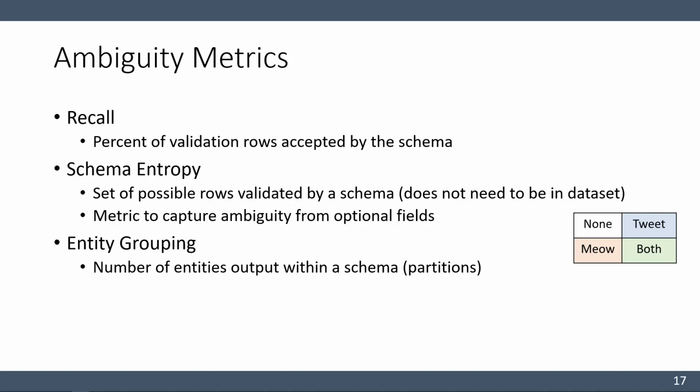Finally, grouping is simply the number of entities within an output schema. We want this number to be as low as possible while providing the highest recall and the lowest ambiguity. This is critical for any user-facing capabilities, generalizations, and is indicative of over-partitioning.